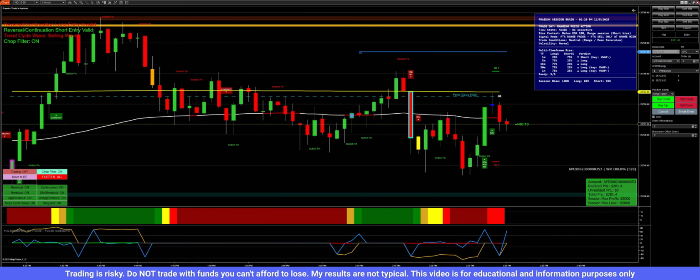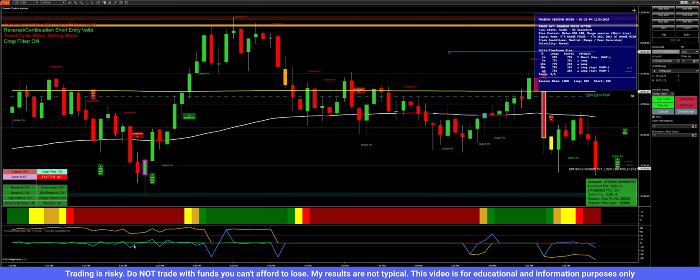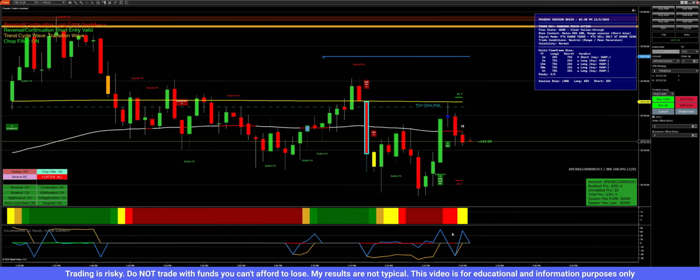You could see visually when pressure is returning, and understand the rhythm of price movement in real time. So you could see that here. Now, I like it when it's nice and calm like this. I don't like it when you're here. So this is giving you a very good indication that you're in a choppy, sideways kind of price.